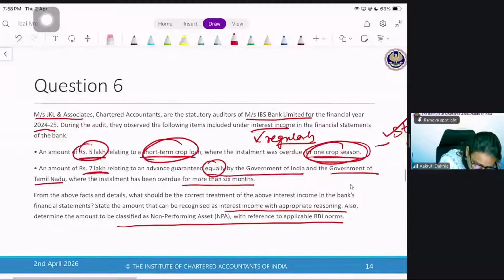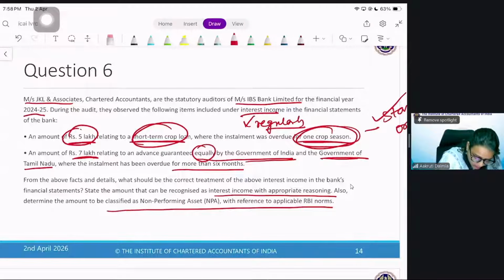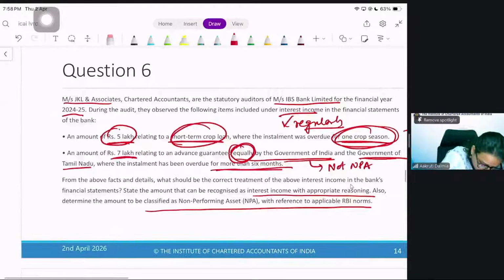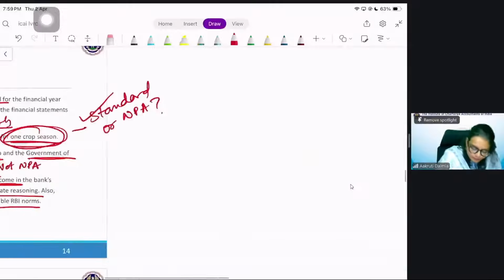Then an amount of rupees 7 lakh related to an advance guaranteed equally by the central government and Tamil Nadu has been overdue for 6 months. In this, interest treatment: if it is Government of India, not NPA. If it is state government, you will recognize it as NPA. But interest income for both will be on accrual basis. Again, I'll tell you.